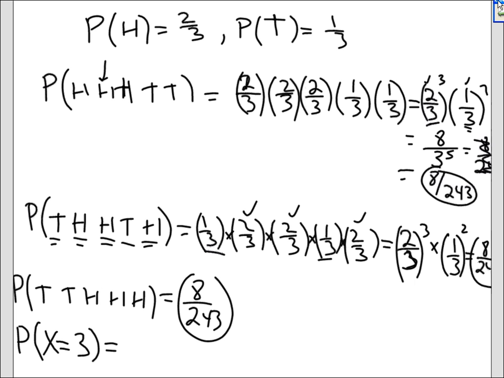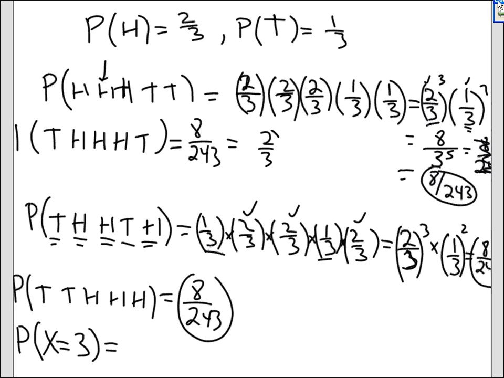Now, it doesn't matter how I write the 5 outcomes, so long as there are 3 heads and 2 tails, I'm going to get the same answer. In fact, let's call this 2/3 cubed times 1/3 squared.